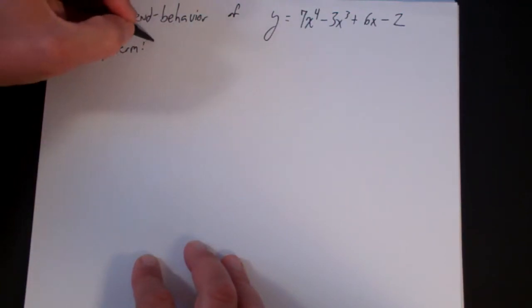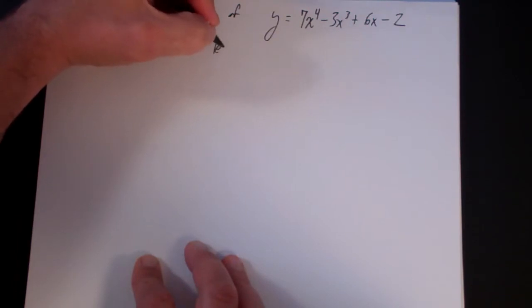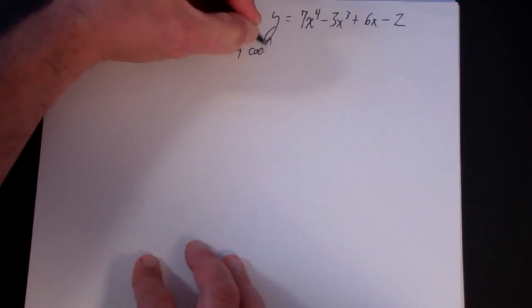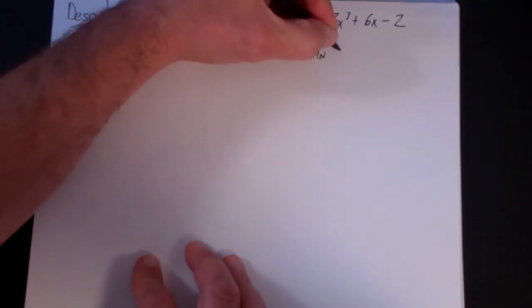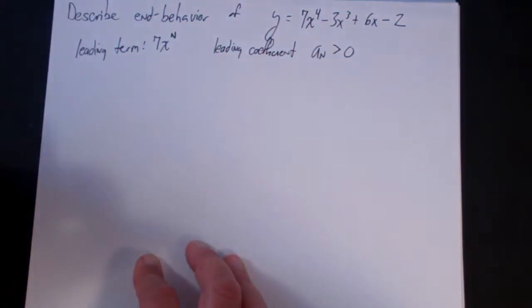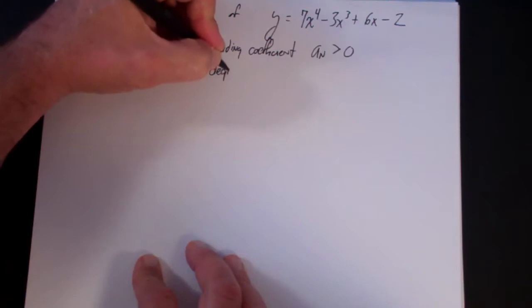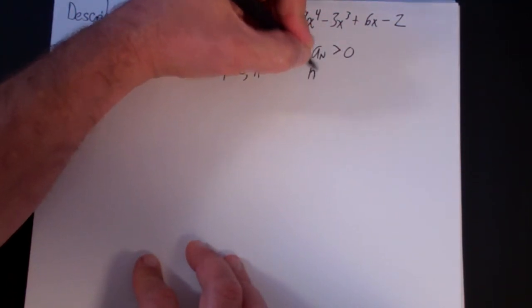The leading term here is 7x to the n. The leading coefficient is a to the n, and that's going to be positive because 7 is a positive number. And n, the degree, is going to be an even number.